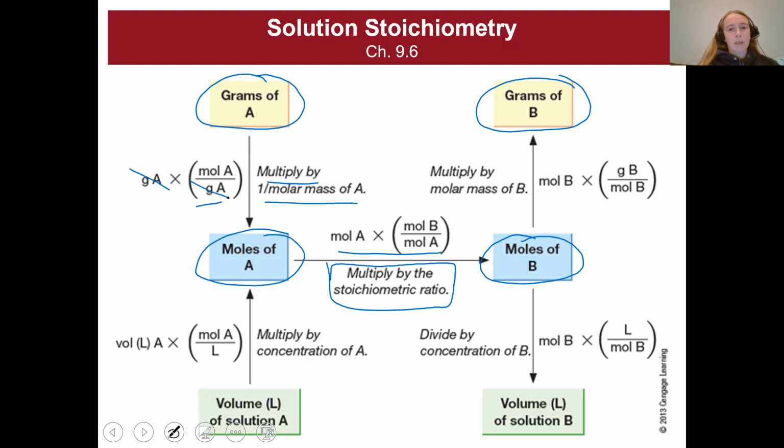You get to moles of A, you'll use your mole ratio, and that'll get you to moles of B. And then if you need to go to grams of B, you're going to multiply by the molar mass, so grams on top this time, moles on the bottom, so we can cancel out moles, and get to grams of B. So this was our stoichiometry process when we were looking at chapter 8, when we were just talking about grams of something and grams of something else.